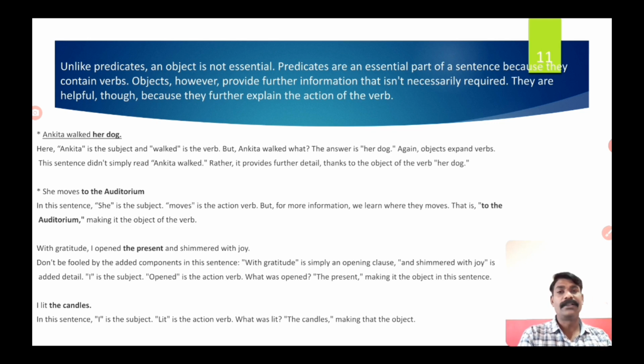It's very simple. Where the act is done upon the words, they are called the object. She moves to the auditorium. In this sentence, she is the subject, moves is the action verb, but far more information we learn that where they move, that is to the auditorium, making it the object of the verb.